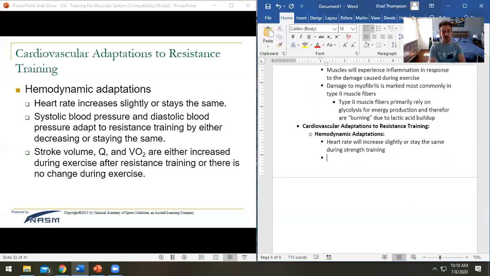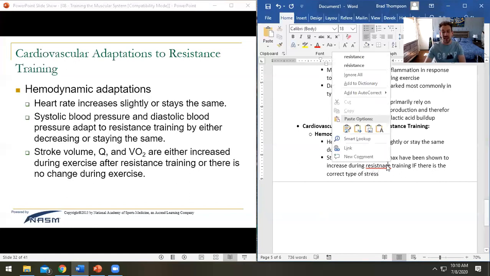We'll also see stroke volume and VO2 max have been shown to increase during resistance training if there is the correct type of stress.